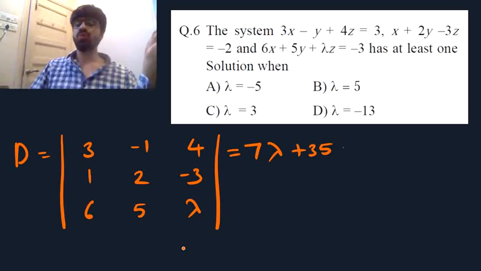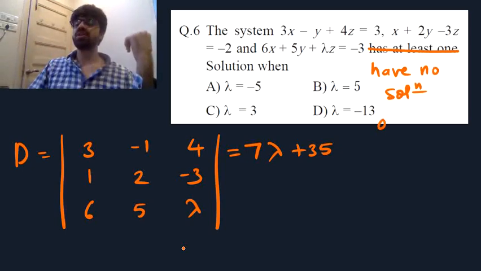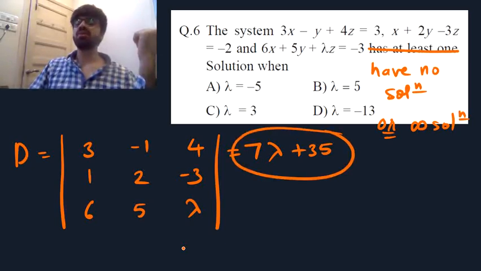So I think if we go for not equal to 0, there will be more than one correct answer. So maybe there's a misprint in the question and they are asking us that the given system of equations will either have no solution or infinite solutions. So that will happen when the D value will be 0.